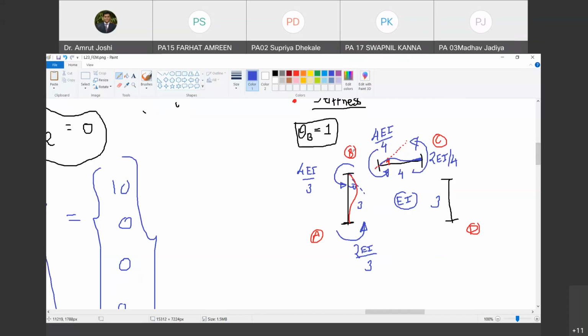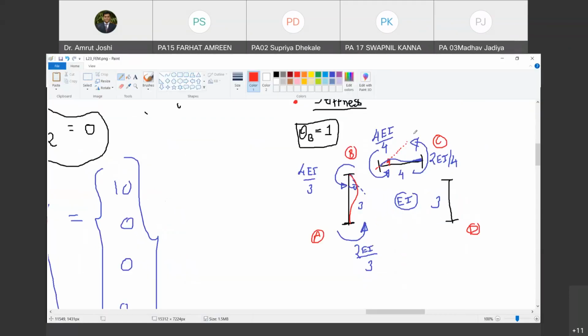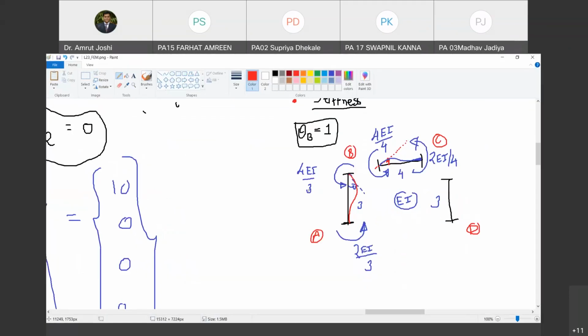And now look at this column BA. Both these moments are clockwise in nature. So reactions must produce anti-clockwise moment. Do you agree with me? Yes, sir. So reactions must be in this sense here. Then only they will be able to produce anti-clockwise moment.